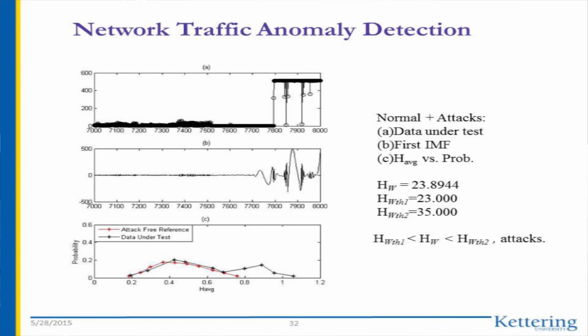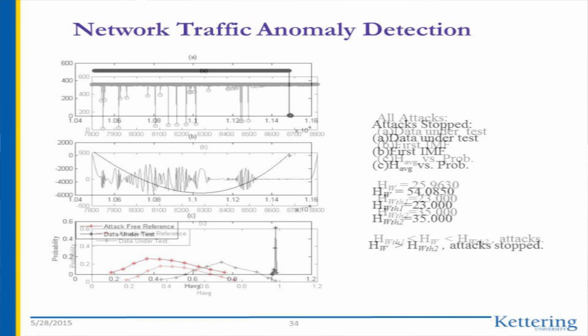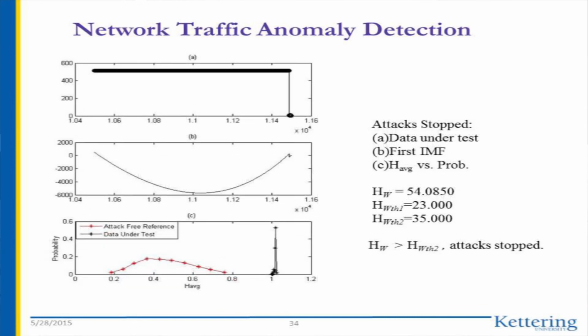Normally it's okay, then all of a sudden you see a surge of connections to that node, and our detection method detected, yes, here are attacks. The third one is purely attacks. And then last, the attacks are over. So I just gave you a snapshot of what's going on here.